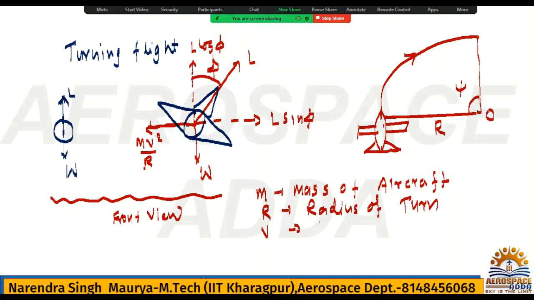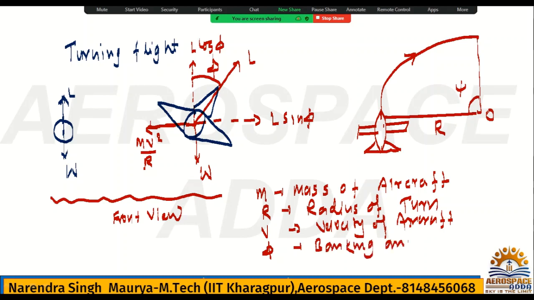That is nothing but speed of the aircraft, or given true air speed, you can say, or velocity of the aircraft. What is phi? It is called banking angle. What is psi? It is turning angle. This is the center point, okay.